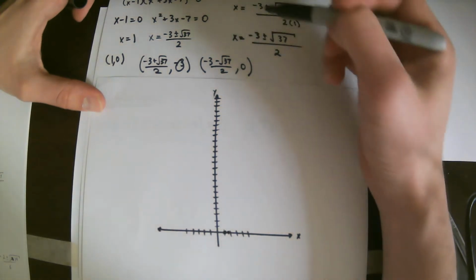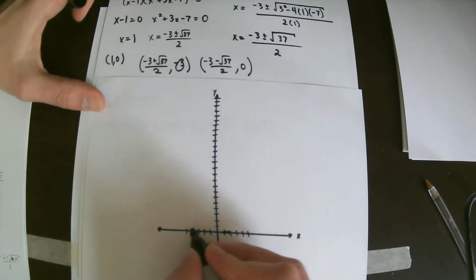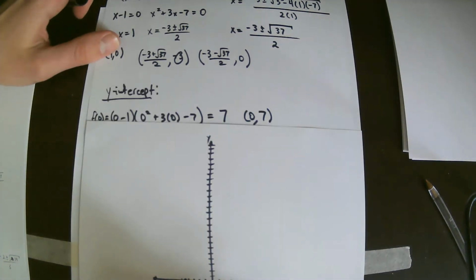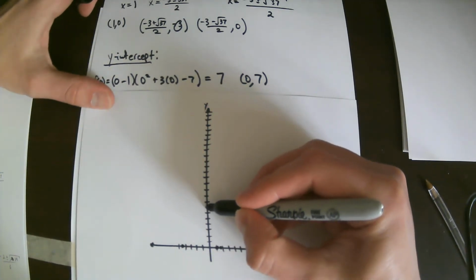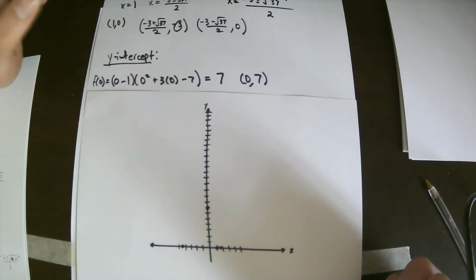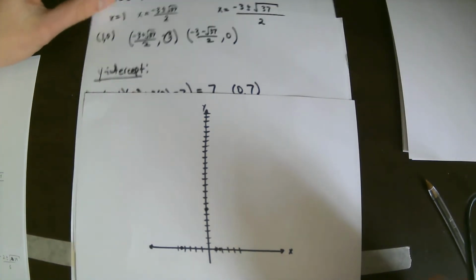And then I've got one at negative 4.5-ish, which is over here. And then I've got a y-intercept at 0, 7. So 1, 2, 3, 4, 5, 6, 7. Okay. 3 x-intercepts and 1 y-intercept.